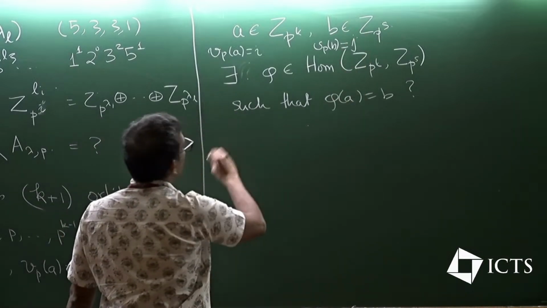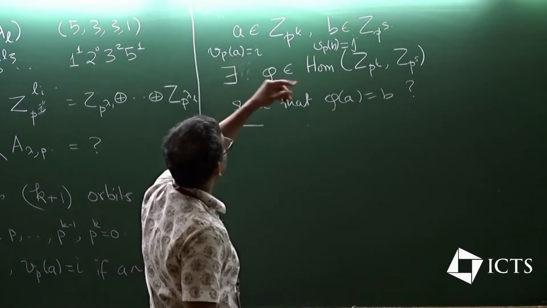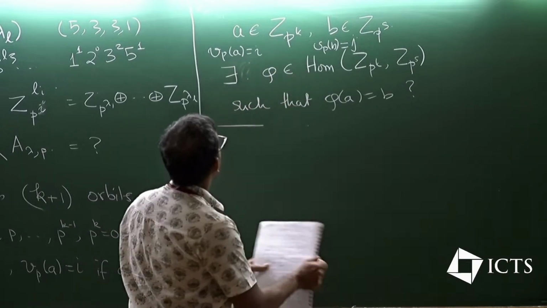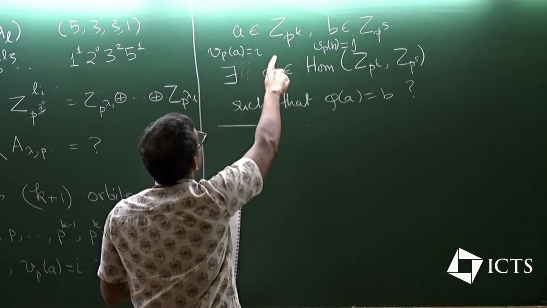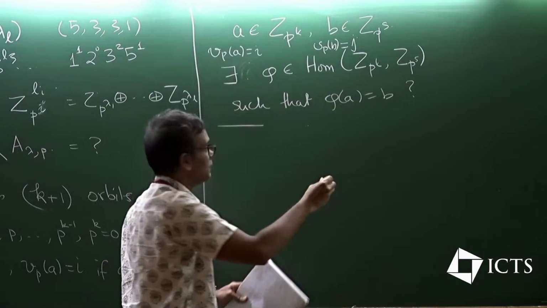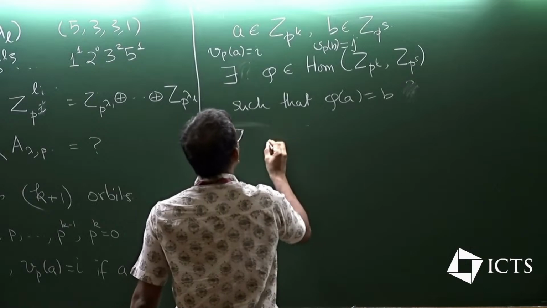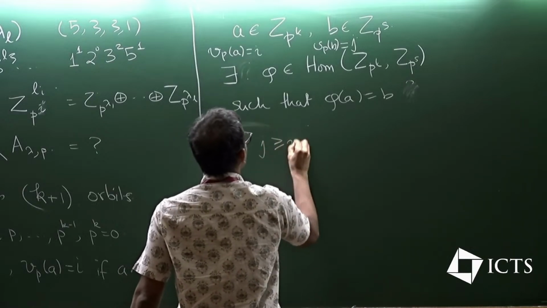This is not difficult to figure out. If a homomorphism takes a to b, then since a is p to the i times something, b should also be p to the i times something. So certainly we must have that j is greater than or equal to i.